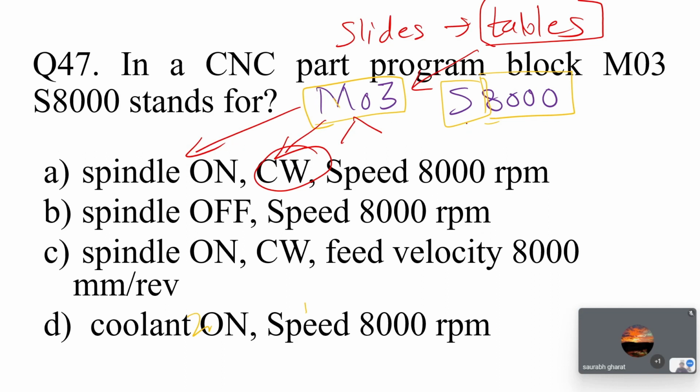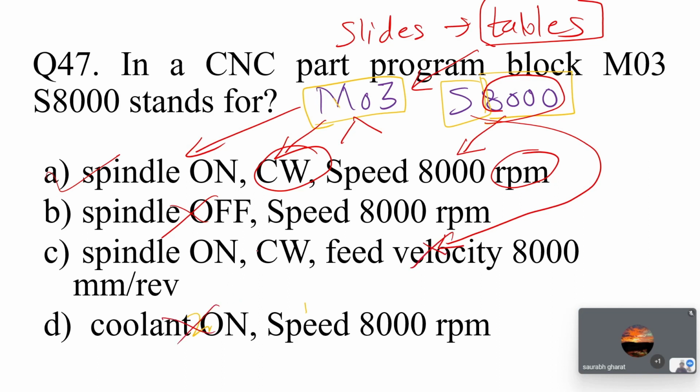So the next part remaining is your speed. That is 8000, the speed you have mentioned, which is the RPM part. So your speed is 8000, exactly like that. So from everything, this option is correct, and you can check the other answers. Spindle off is the wrong answer. Spindle on but counterclockwise, but it is not a feed velocity. As I have told you previously, this is not a feed velocity. And again, coolant on or off is a problem. This is not correct.